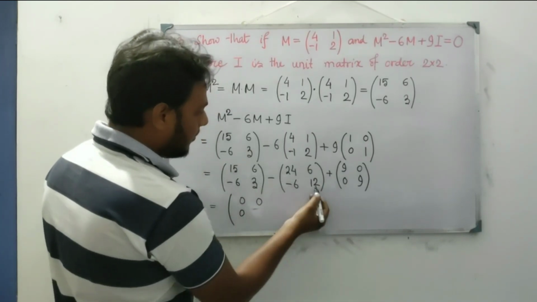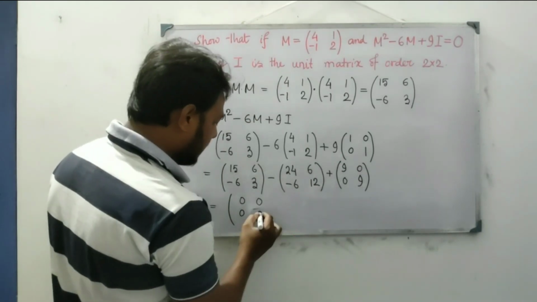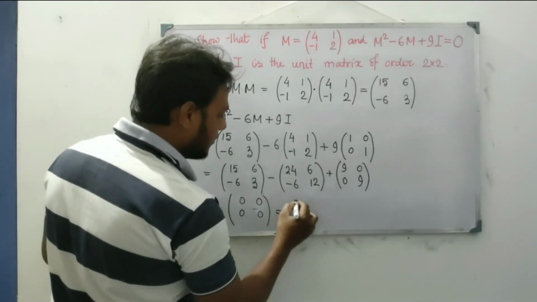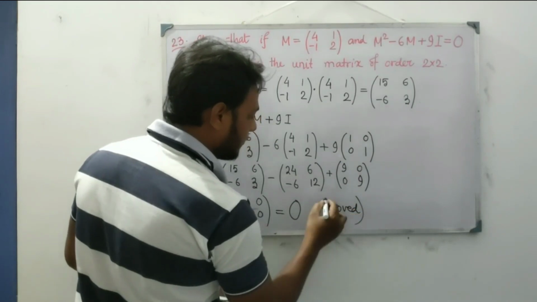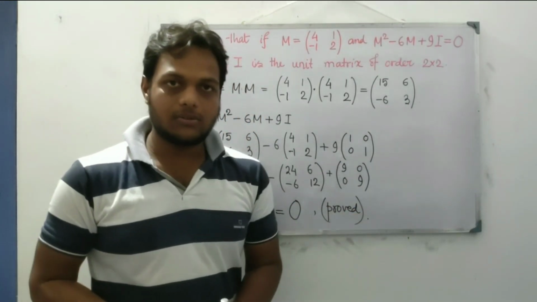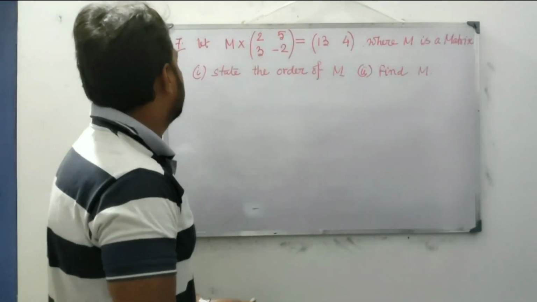And 3 minus 12, that is minus 9, minus 9 plus 9, 0. So we get the O matrix equals to matrix O. Proved. We get a null matrix, so this completes the proof. Understood? Okay, next.